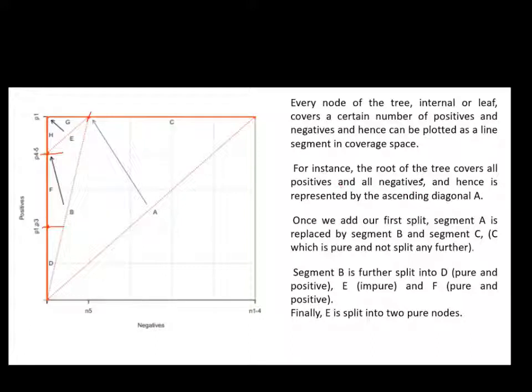Similarly, the root of the tree covers all positives and all negatives, and hence is represented by the ascending diagonal A. Once we add our first split, segment A is replaced by segments B and C. Segment B is further split into D, F and E. Finally, E is split into two pure nodes, H and G. Pure means no negatives; there are no negatives here.